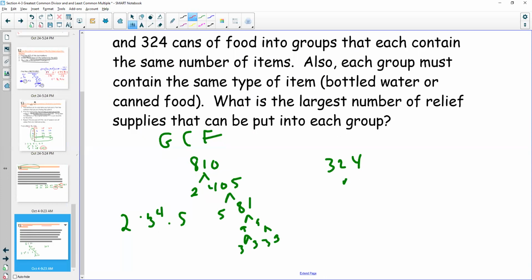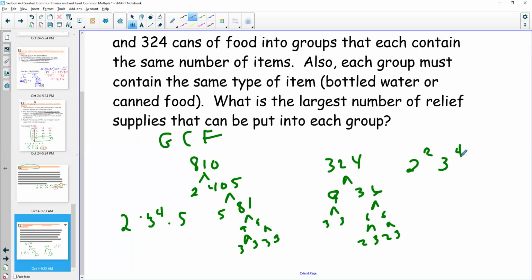All right, 324 is definitely divisible by 2. I actually have 9 and 36 in my notes, so we'll do that so that I don't lose track of myself. 3 and 3, 6 and 6, 2 and 3, 2 and 3. So the prime factorization of 324 is 2 squared and 3 to the 4th.